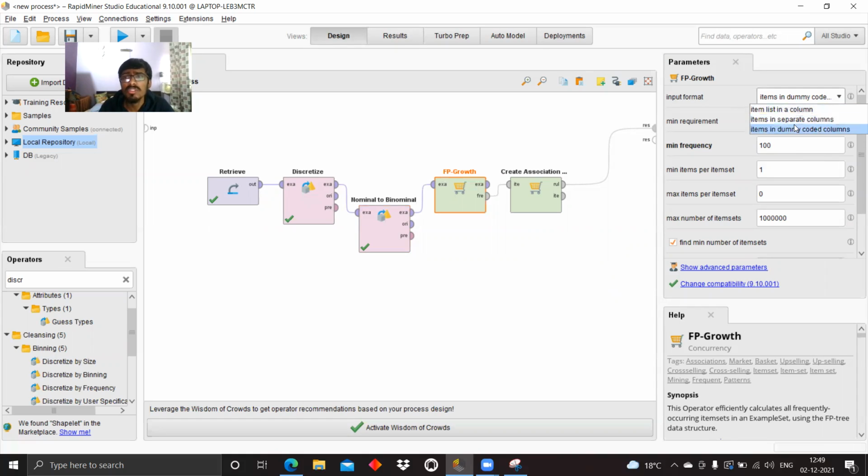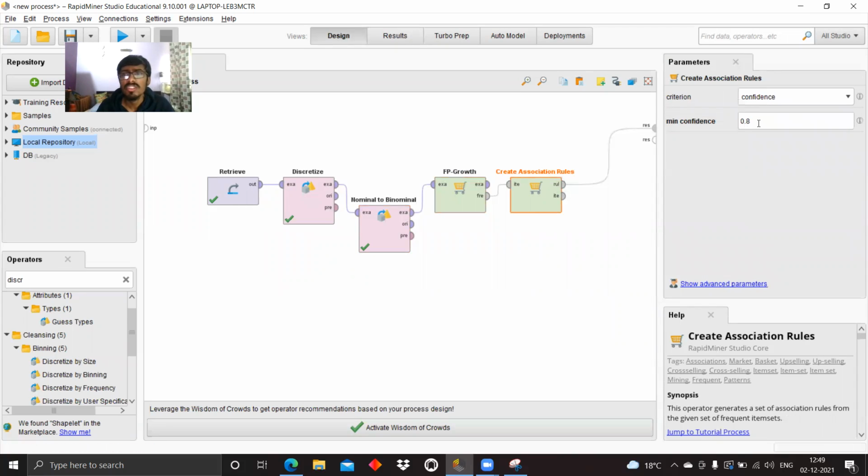You can also list the items in a separate column according to your convenience. This is Create Association Rules, and the minimum confidence, as you can see, is 0.8. Here is the minimum criterion value for lift, and similarly for conviction and PS, you can see all the values are almost 0.8. So that is how association rule mining with the Apriori algorithm works.